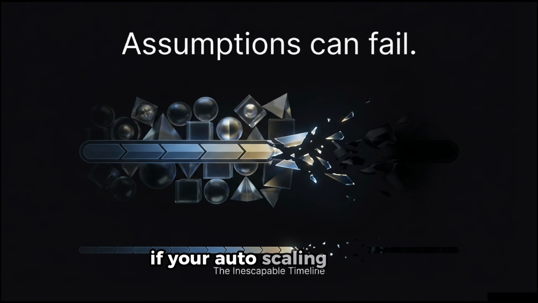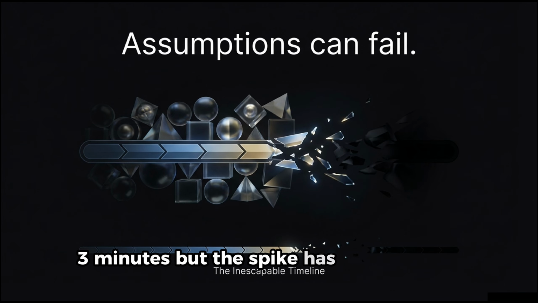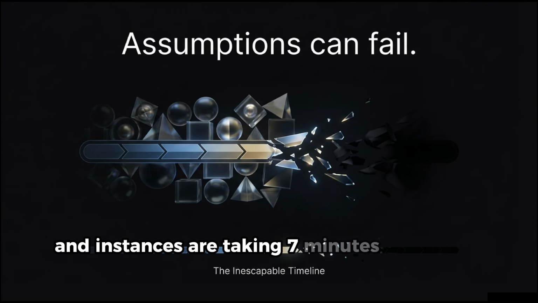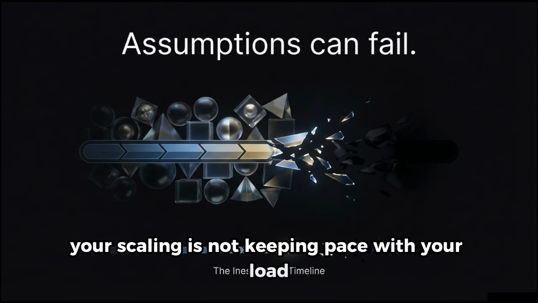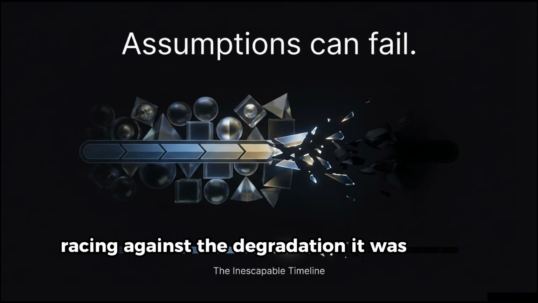If your auto-scaling policy triggers new instances during a traffic spike and assumes those instances will be serving traffic within 3 minutes, but the spike has also stressed the provisioning infrastructure and instances are taking 7 minutes to become ready, your scaling is not keeping pace with your load. The scale-out event that was supposed to protect your system is instead racing against the degradation it was meant to prevent.